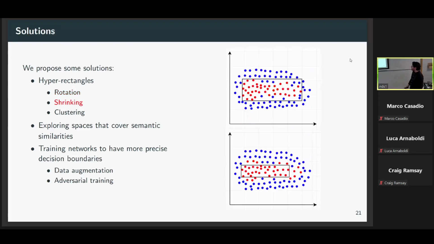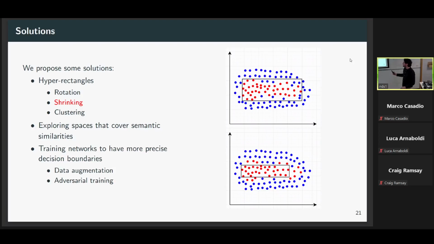Also, another problem is that this image is different from the previous one. I know it seems the same, but the previous one was red and blue points, and this is red and blue. Red is still input points from the class we want. Blue points are the negative class, another class. Could be many classes, could be one, doesn't matter.